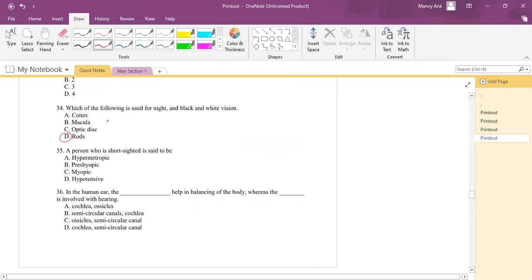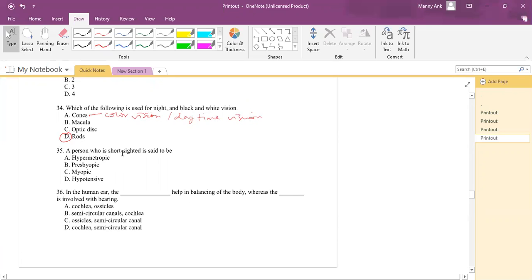The cones are for color vision, and also for daytime vision. Okay. Because they are not very sensitive to light, they need a lot of light to stimulate them.